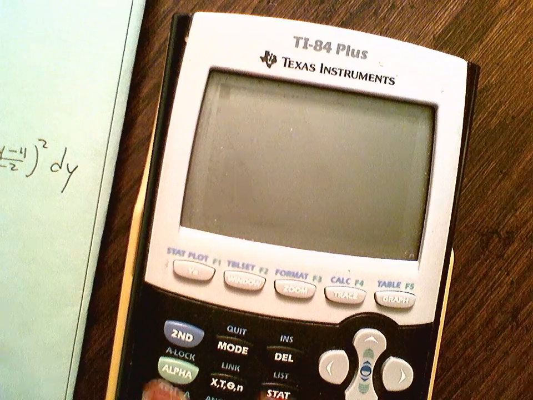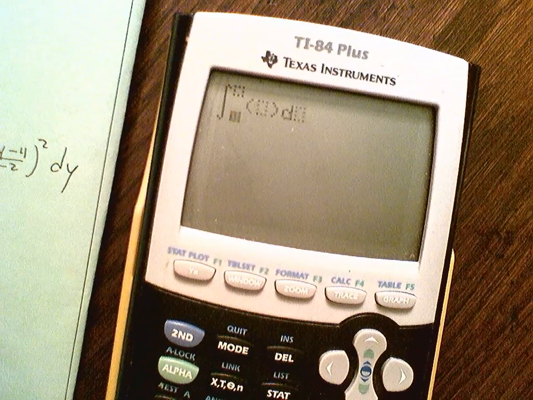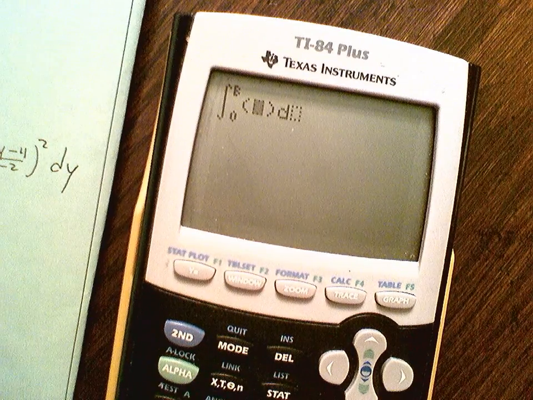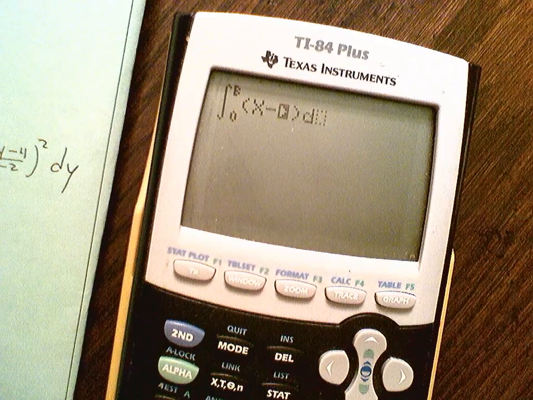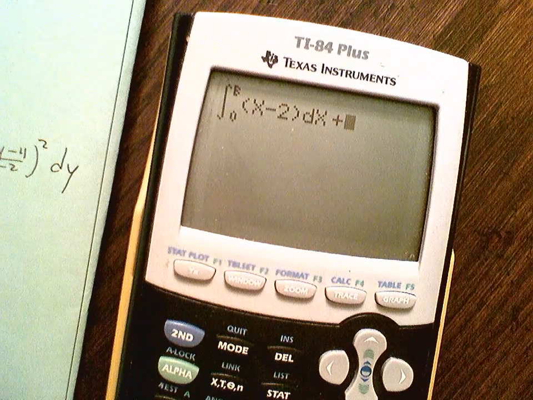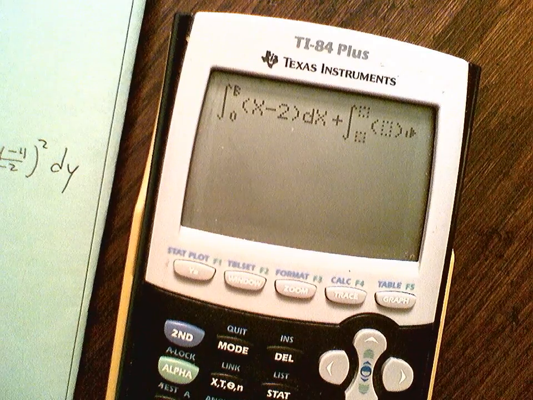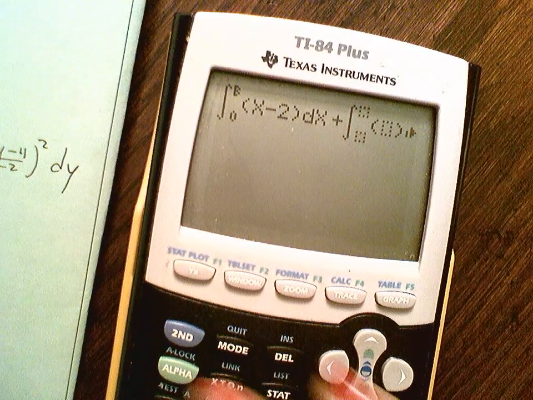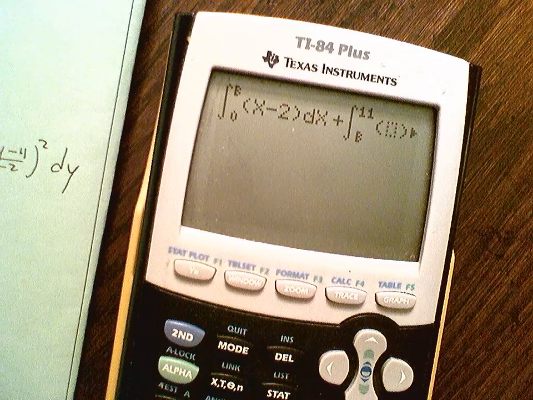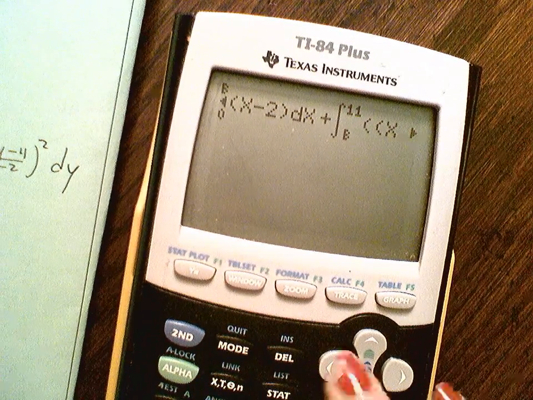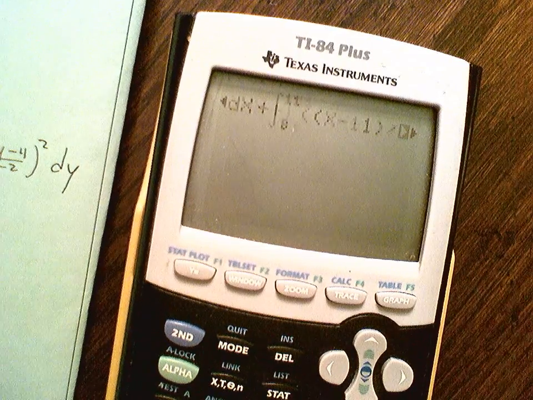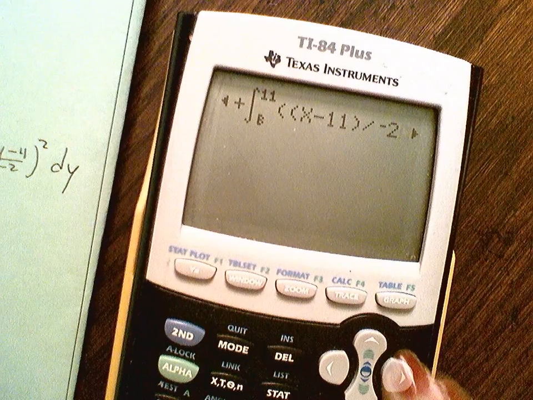Math 9, 0 up to b, plus math 9, b up to 11, y minus 11 divided by negative 2, squared.